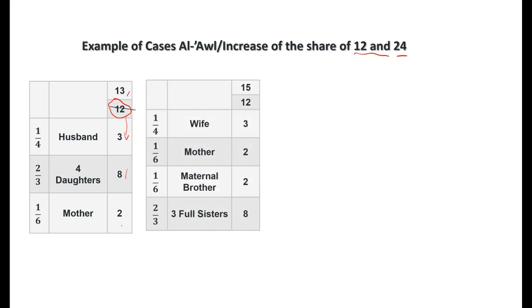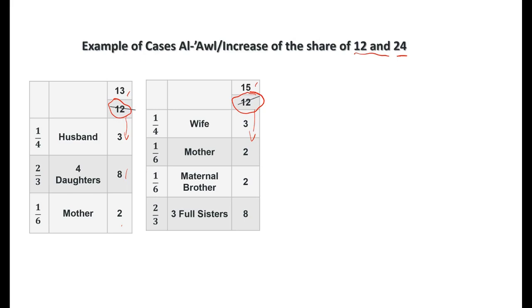Case number 2, we have a wife, mother, maternal brother, and 3 full sisters. So the initial case is given out from 12. But after giving out the wealth to everyone, we find out the shares of each person added up together is 15. So the total share now is 15.